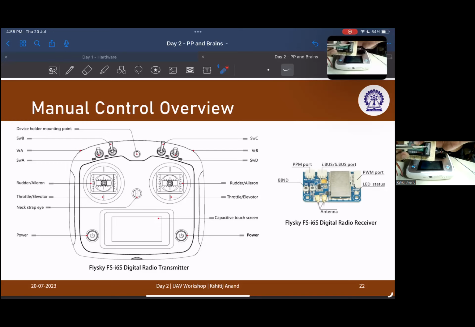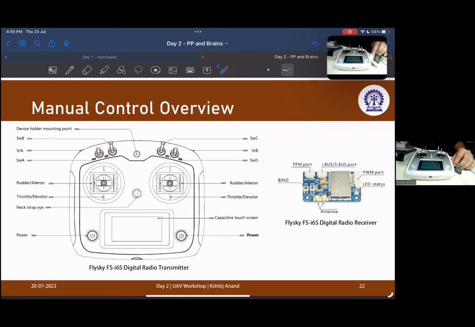So you can independently send 10 different input signals from your transmitter to your receiver.